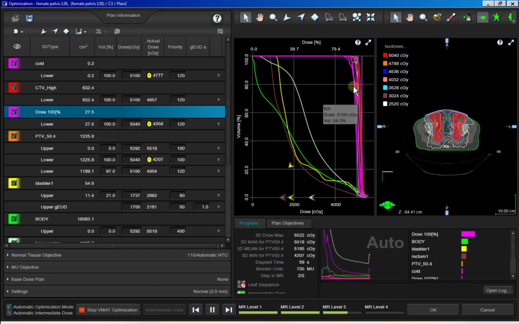But it looks like that did definitely improve our coverage, improve our hotspots. So we'll let this play through again and take a second look.